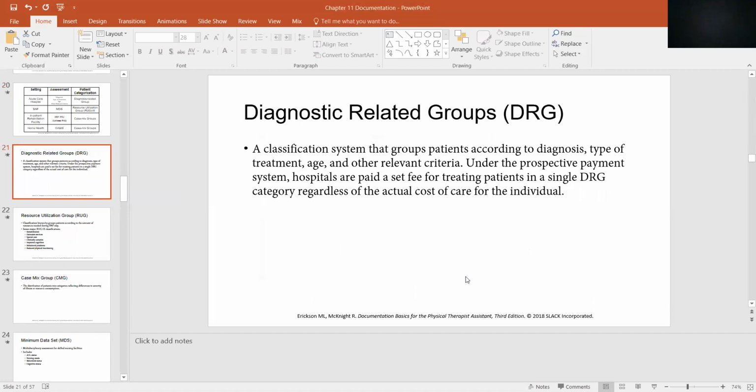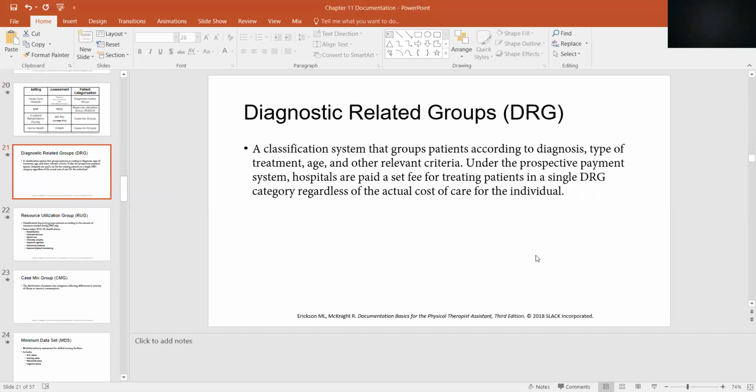So I talked a little bit about the DRGs, and you can read here, a classification system that groups patients according to their diagnosis, their type of treatment, age, and other criteria. Hospitals are paid a set fee for treating patients in a single DRG category, regardless of the actual cost of care for the individual.